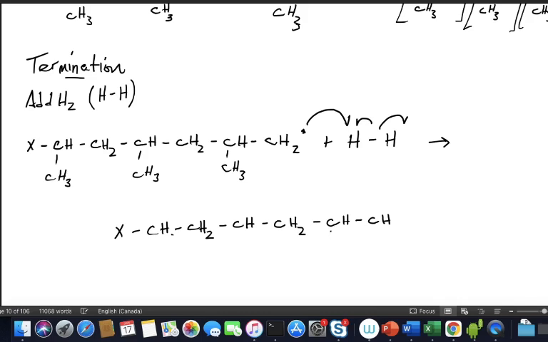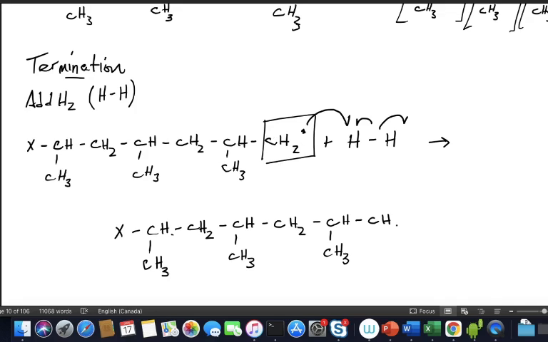Okay, so I left off that 2 purposely for now, just for a minute. So here's my polymer chain. When this CH2 with the single electron tried to bond with hydrogen, that CH2 added a third hydrogen.